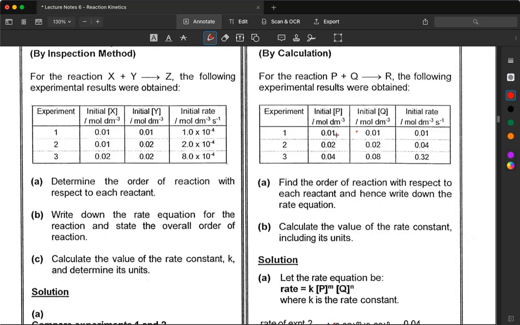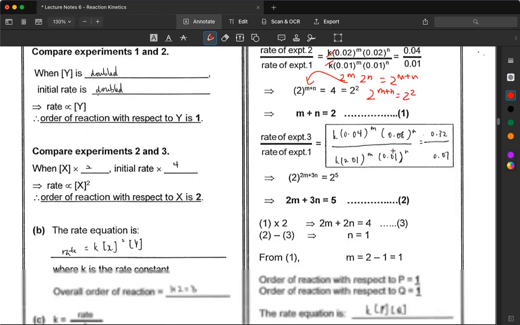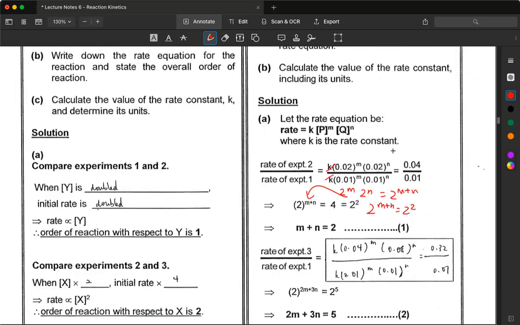But if you read by inspection, you can see that here times 4 when this one times 2, this one times 2. If you look at this set of data, there's no constant value between 2 experiment sets. When this one times 2, this one times 4, then this one times 8. So the order of reaction is 1 for each. Another way to look at it.